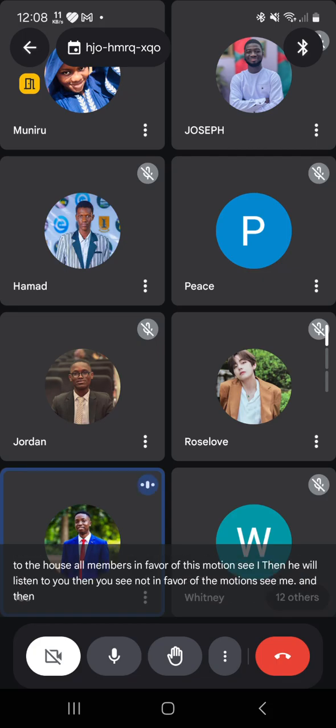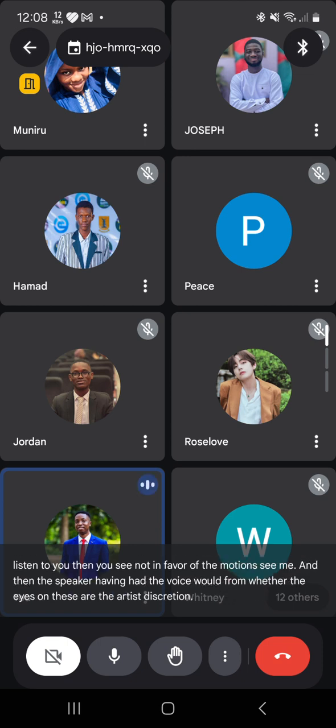And then the speaker, having heard the voice vote, whether the ayes or the nays have it, at his discretion rules: Honorable members, having heard the vote, I am convinced that the ayes have it. If he's not sure, he will say, I think the ayes have it.